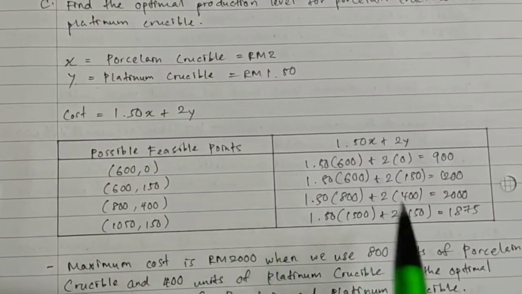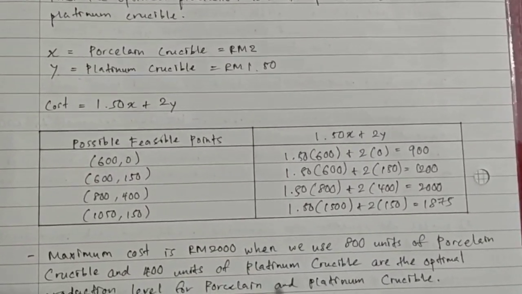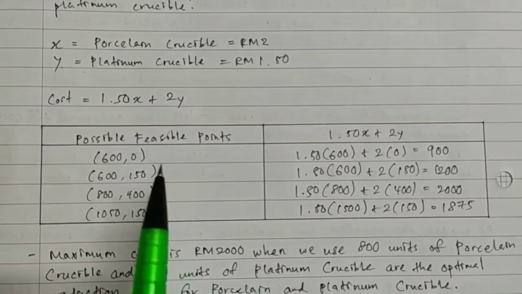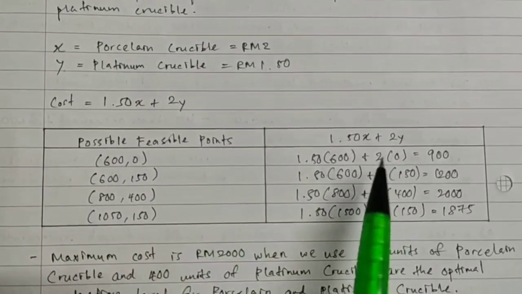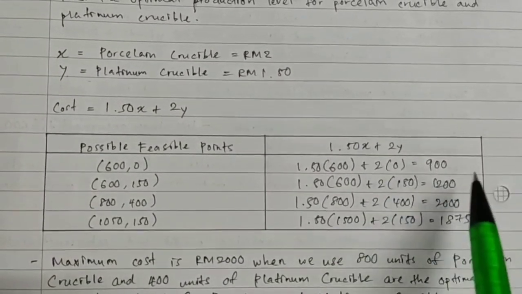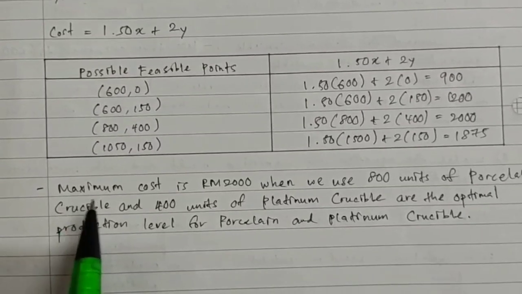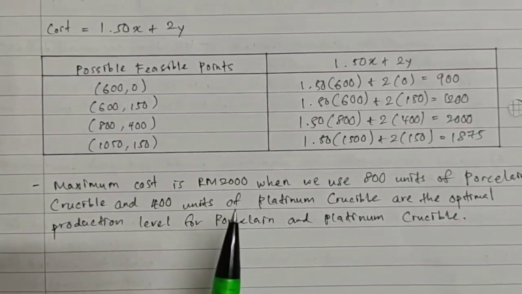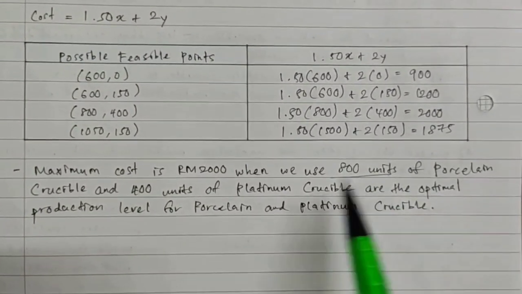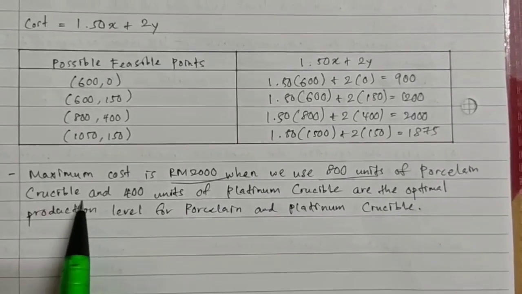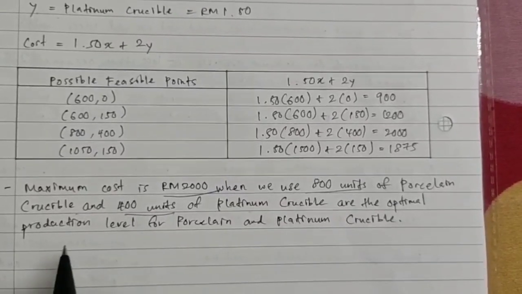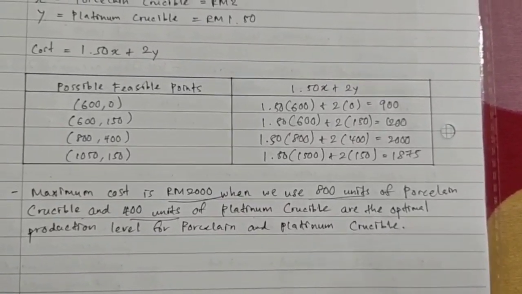So this is a table about the calculation of possible feasible points and 1.50x plus 2y. So to sum up, the maximum cost is 2,000 ringgit when we use 800 units of porcelain crucible and 400 units of platinum crucible, which are the optimal production levels for porcelain and platinum crucible.